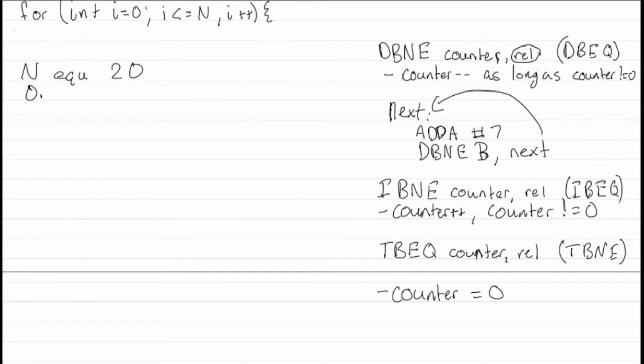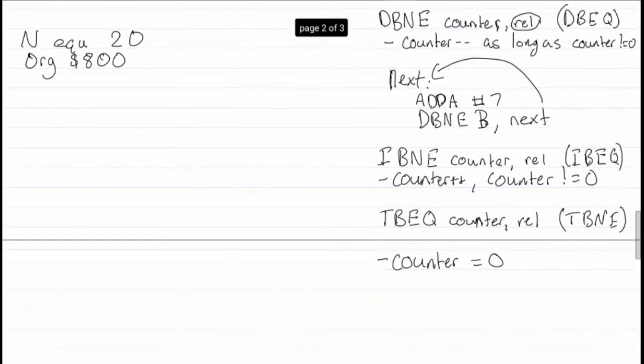Okay, now I'm going to org the 800 memory location, and I'm going to declare my sum variable. For that, I'm going to reserve a memory word of 2. Why am I doing word? Because later we're going to use a register X to count our sum.